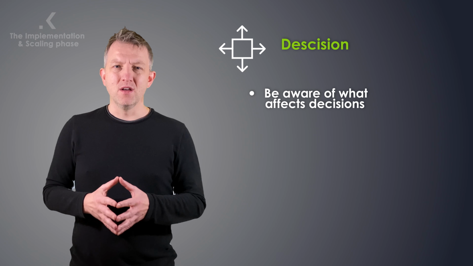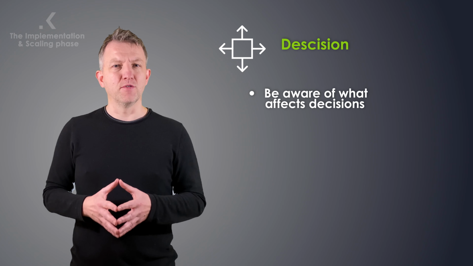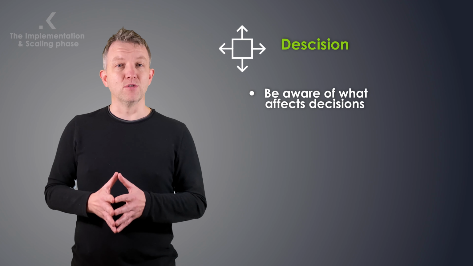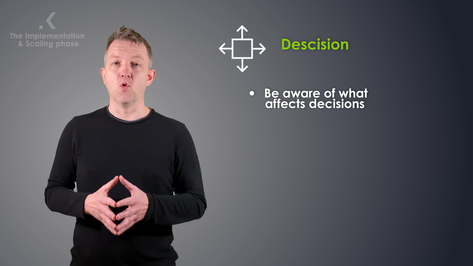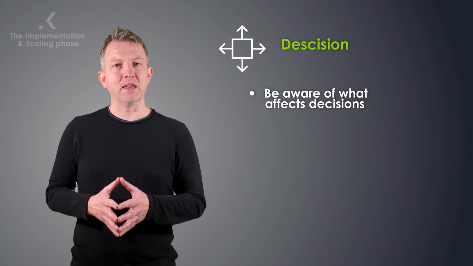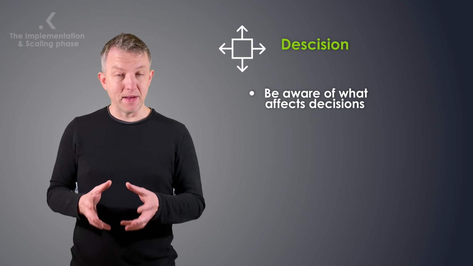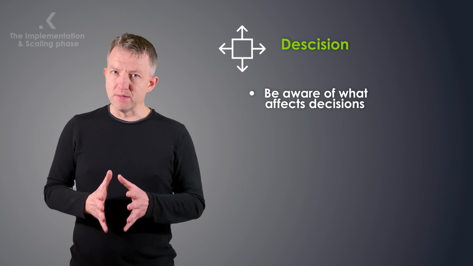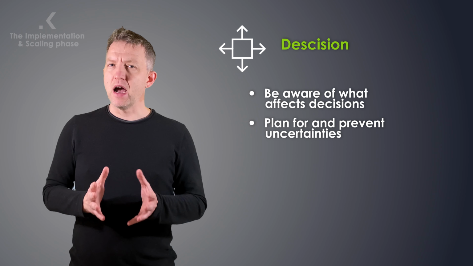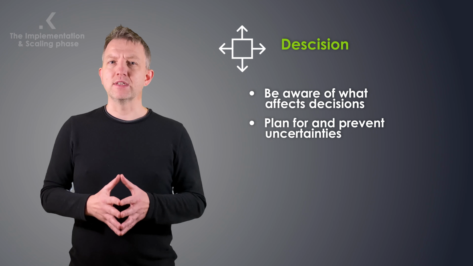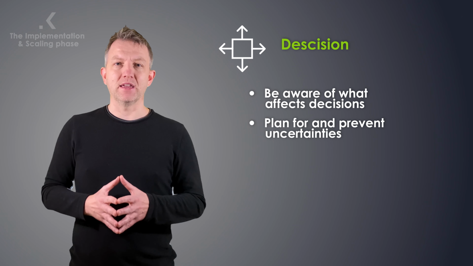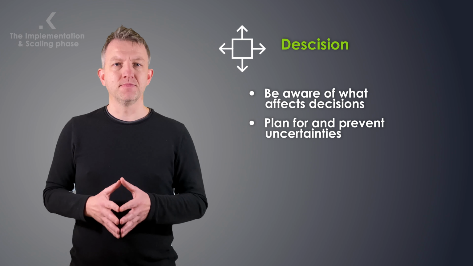More often though, we find that rejection is a result of not taking the time to make the final decision, even though the solution is being seen as valuable, or postponing the decision, not having the mandate, or not being able to persuade the people with the mandate. And sometimes they even decide that they want the solution, but not knowing how to implement it or not getting the necessary acceptance from the end users hinders them from taking the final decision.